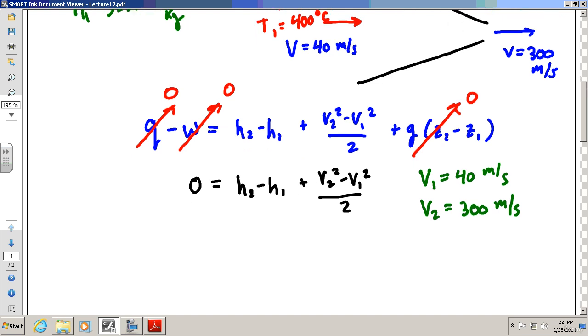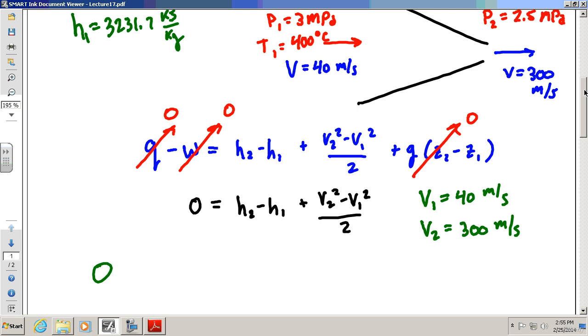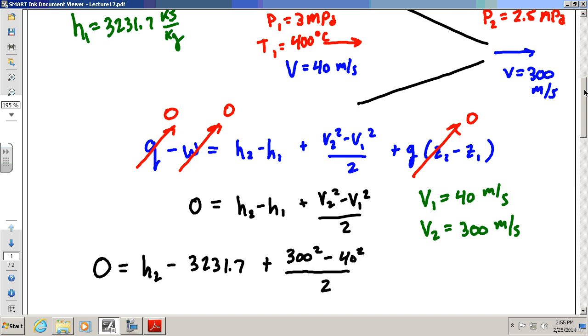So it looks like if I just substitute everything, I can solve this. Let me substitute everything in. 0 equals H2, which I don't know, minus 3231.7 plus (V2 squared minus V1 squared) divided by 2.